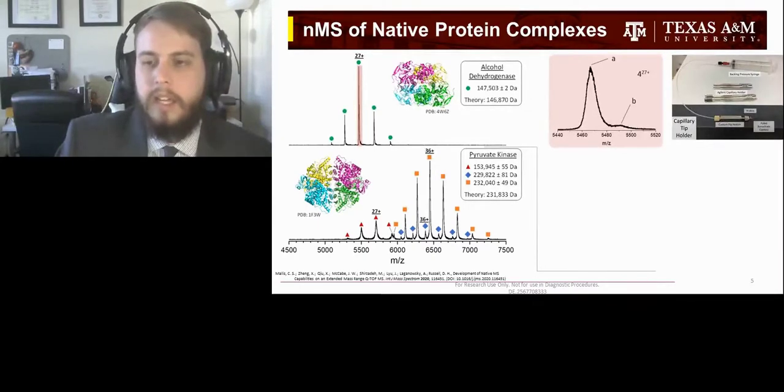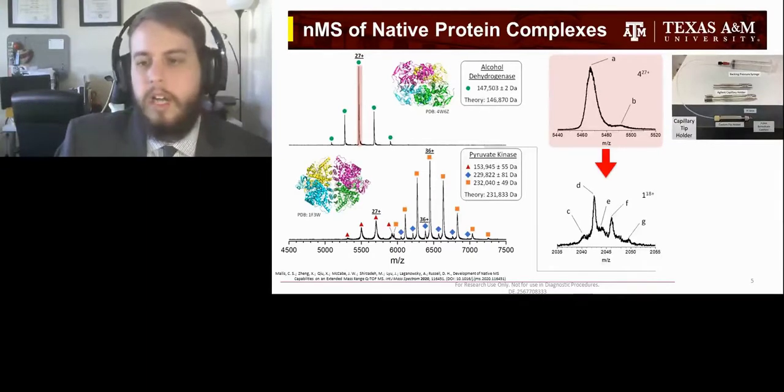Here we're looking at the 27 plus tetramer, and we can do some collisional activation and dissociate that tetramer into a high charge monomer and generally a low charge N-1 mer. So in this case, we're not looking at the trimer, but the trimer is going to exist with residual low charge.